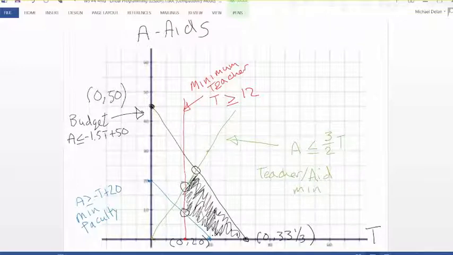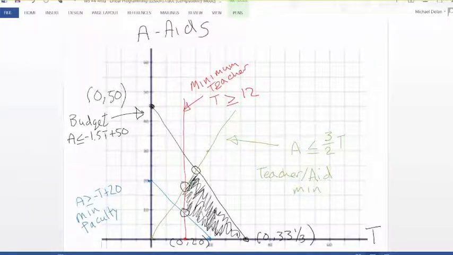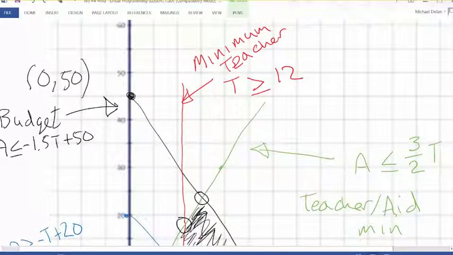The first 2 points are really easy. It's 0, 33 and a third, and 0, 20. The other 2, we have to solve 2 equations and 2 unknowns to determine exactly where those points are. So let's start by finding the intersection of the black budget line and the green teacher versus teacher aide ratio line.